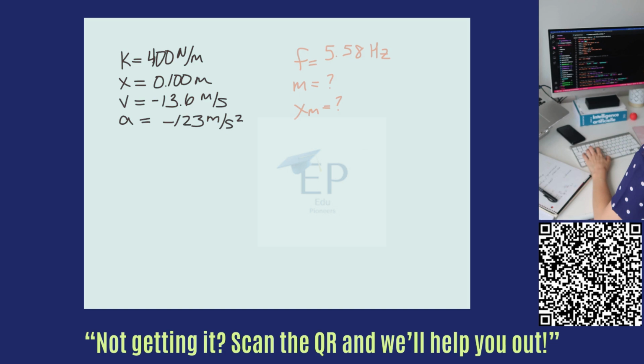Our next task, so now that we have that our f is 5.58 hertz, we're going to try and find the mass of our block, and we're going to be using the equation K equals mass times omega squared. So we have our K, which is our spring constant, is 400, equals mass, which is what we are trying to solve for.